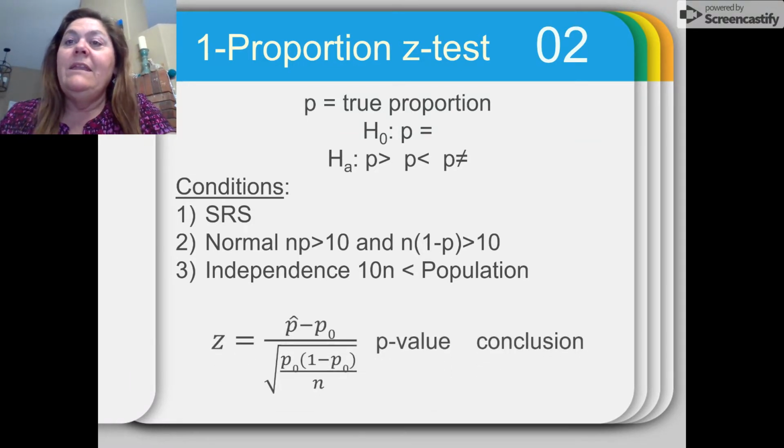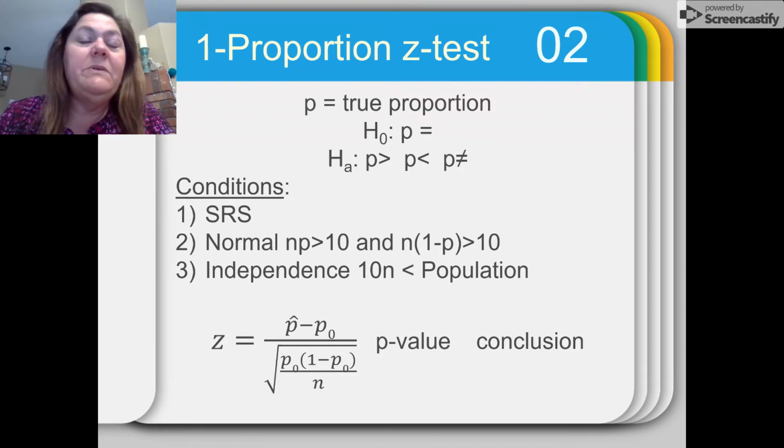Now, our z statistic should look pretty similar to you as well as when we did the confidence interval. The only difference now is that you see here that we have p hat minus p null. That p null, because remember, we're taking it from our null hypothesis. And then in the denominator, we're not using p hat, we're using p null.